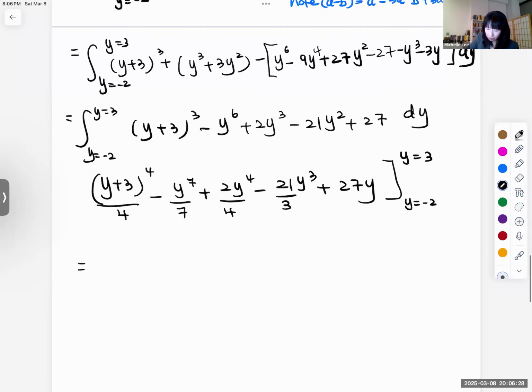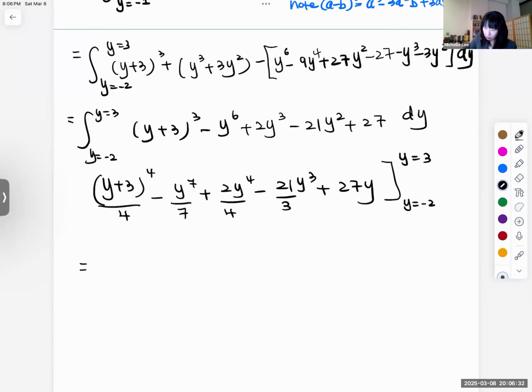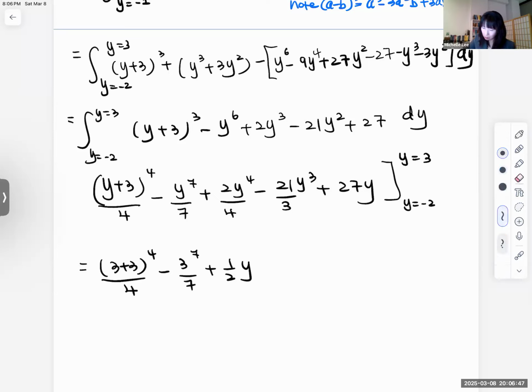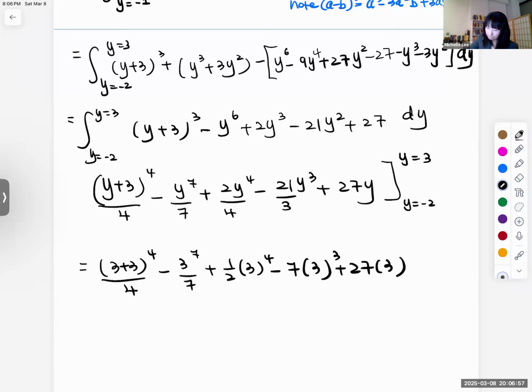Okay, so there will be, let's do that, 3 plus 3 to the fourth power over 4 minus 3 to the 7th power over 7 plus 1 half times 3 to the fourth power minus 7 times 3 to the third power plus 27 times 3, yeah?